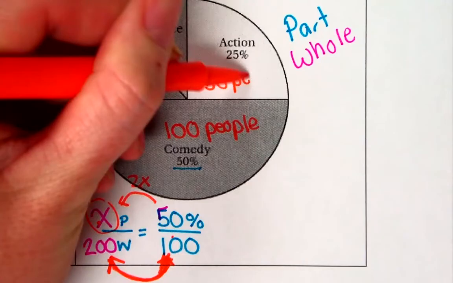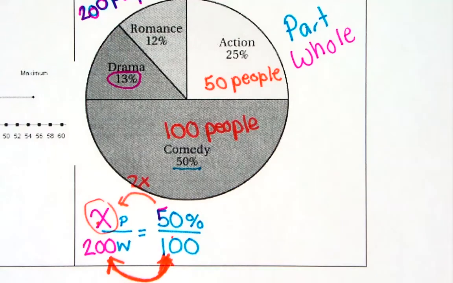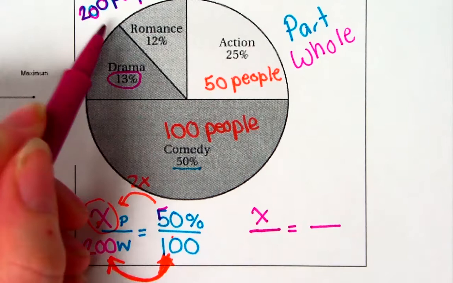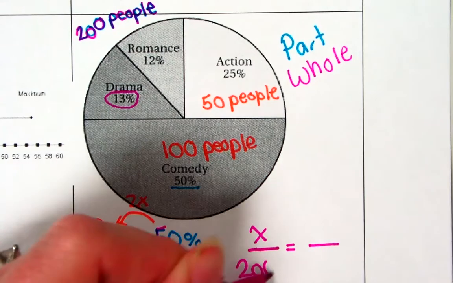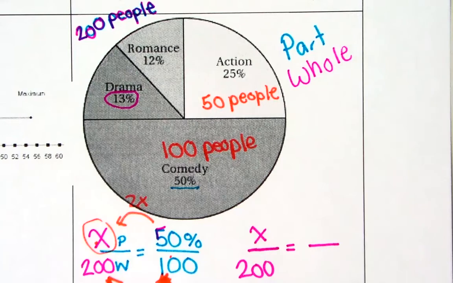So you can divide both by 2. But if you look, your variable's over here. So we want to go in the direction of our variable. So to go from 100 over to 200, we want to go from right to left because our variable's over here. We are multiplying 100 times 2 to get 200. So I would do 50 times 2 to get x, which is, in fact, 100.